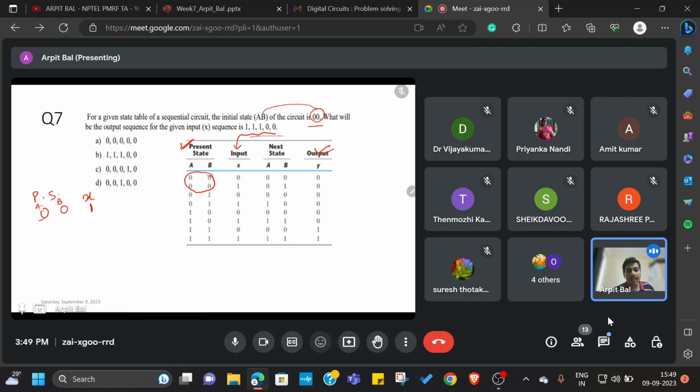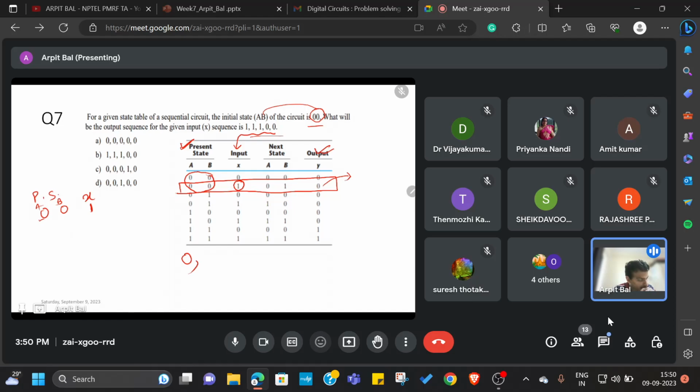Now the next thing, figure out what will happen if the input is 1. So input is 1 means this. Then we have zeroed down to only one row. So this is our corresponding output, 0. So my output sequence, the first number is going to be 0.